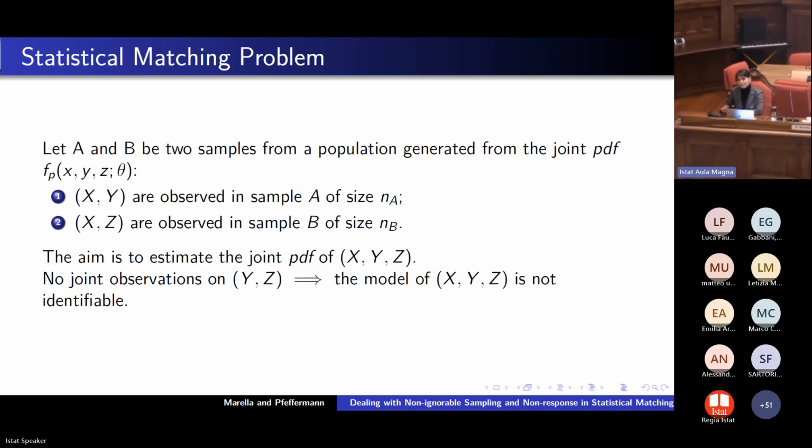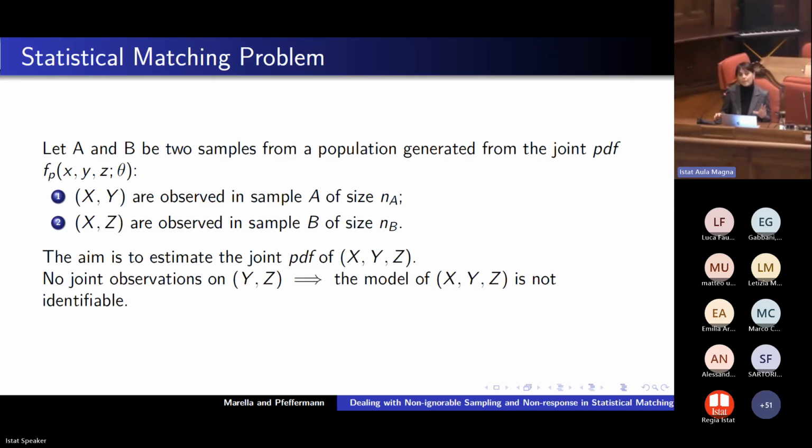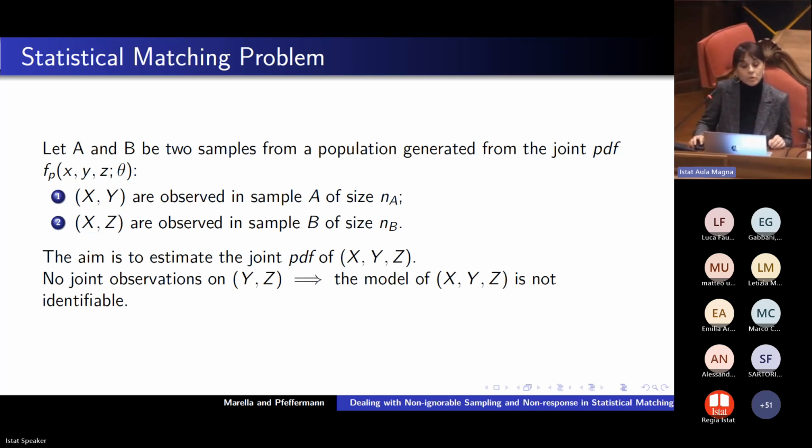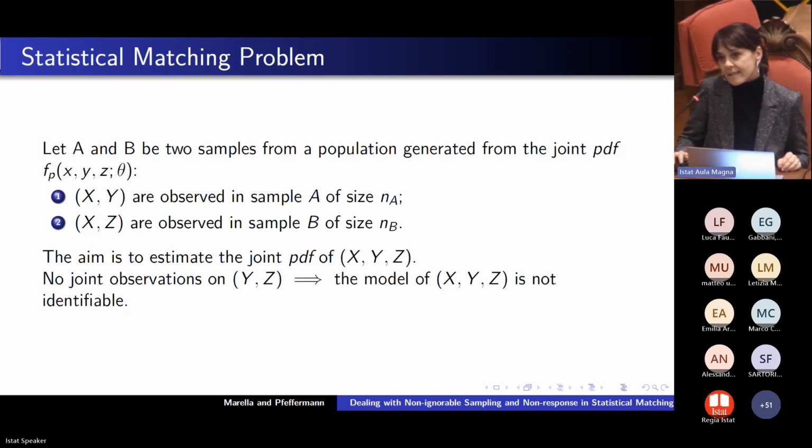We assume that we have two samples, A and B, from a population generated from a joint distribution FP governed by a parameter theta. And we assume that the variables X and Y are observed in sample A, of size NA, and the variables X and Z are observed in sample B of size NB.